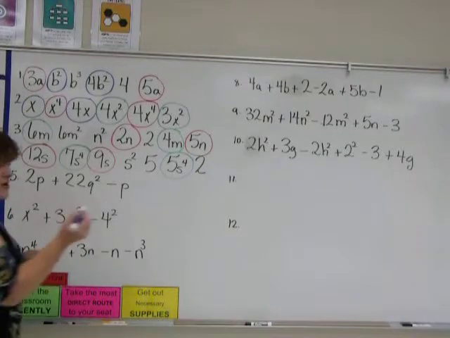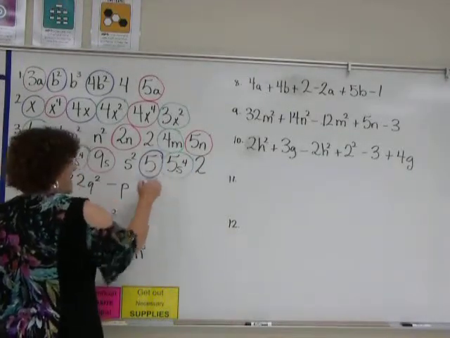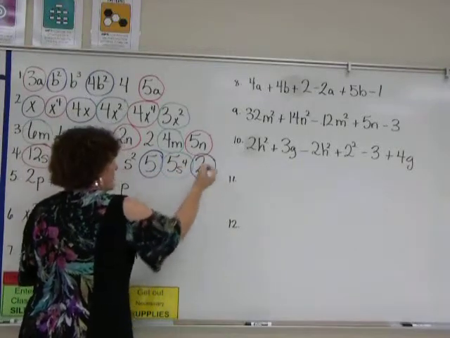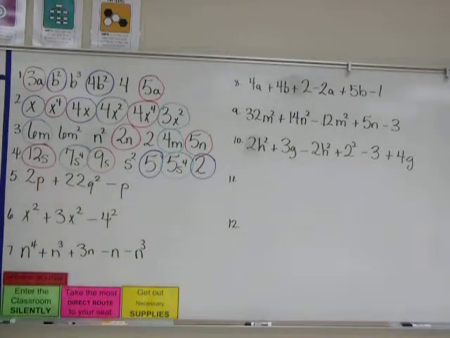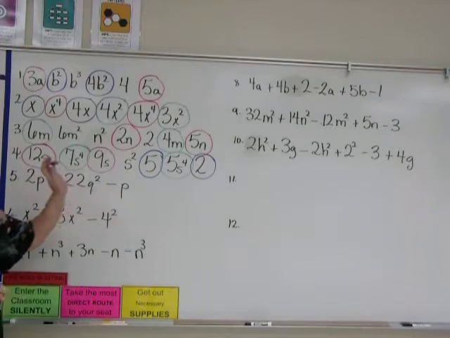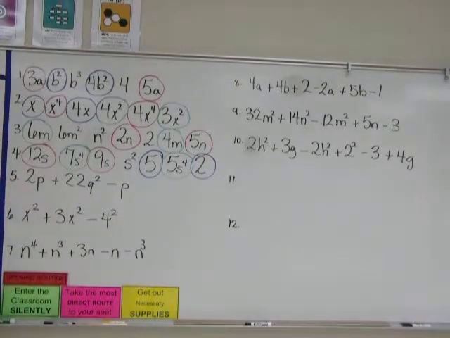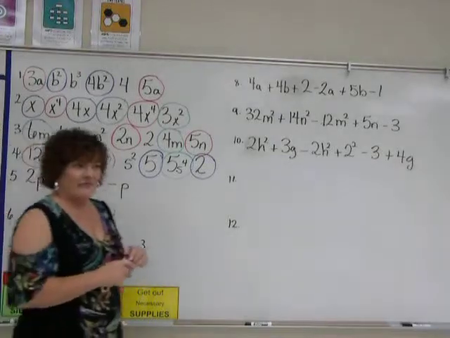Then you had whole numbers. You had a whole number 5. If it does not have a variable, it's a whole number. Or it could be a decimal, or it can be a fraction. We're going to go that way too, but since we're just starting, everything that you're going to see right now are whole numbers. So the whole number 5 and the whole number 2, they did not have variables. They are like terms. Any questions before we start simplifying at number 5?